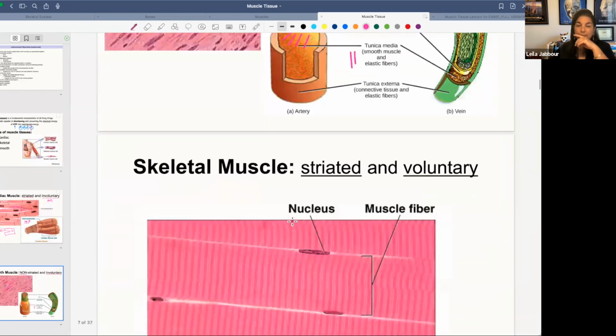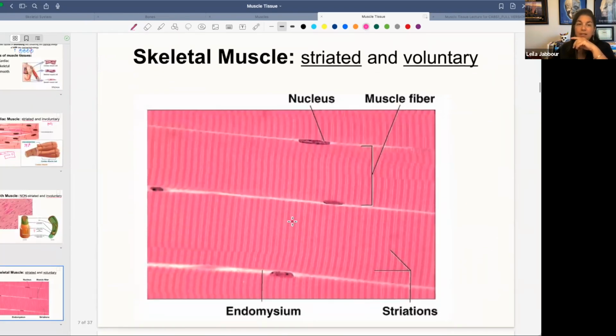All right. Speaking of skeletal muscles, they're striated, and you can see this amazing dark band, light band, dark band, light band, dark band, light band. These are the contractile proteins that are laying down in the cell, and they're just very organized. So they end up creating this very geometrical pattern of parallel lines.